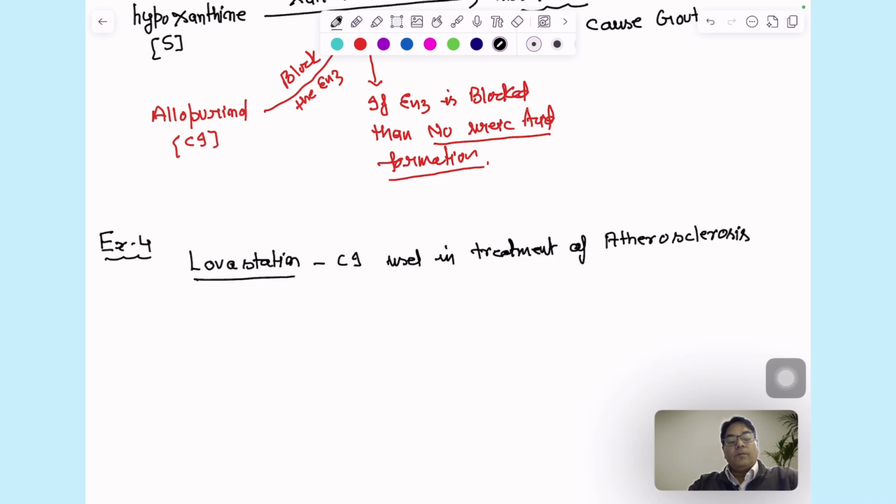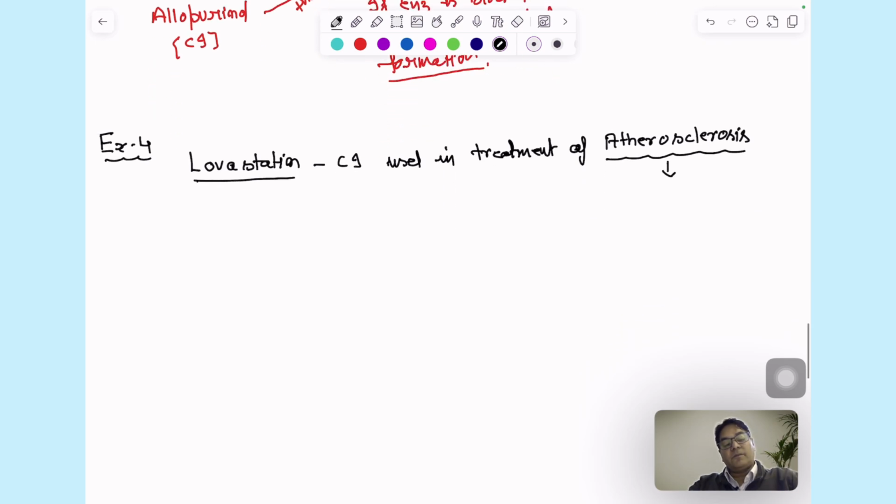Atherosclerosis is the accumulation of cholesterol in the body around blood vessels. If the cholesterol accumulates in the blood vessels, then what will happen?